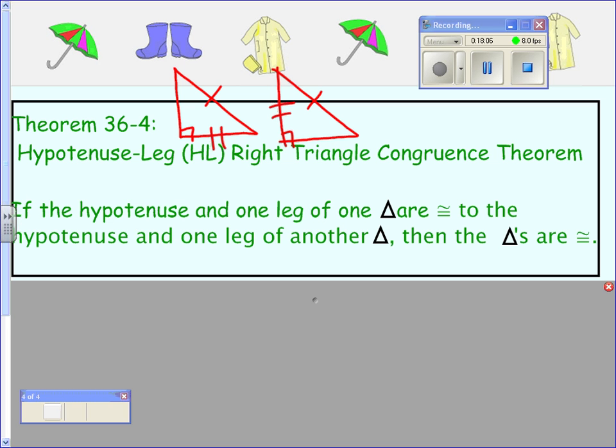It doesn't fit up with SSS or SAS, ASA or AAS. It doesn't fit with any of those four. This is the one that doesn't work for any of them.